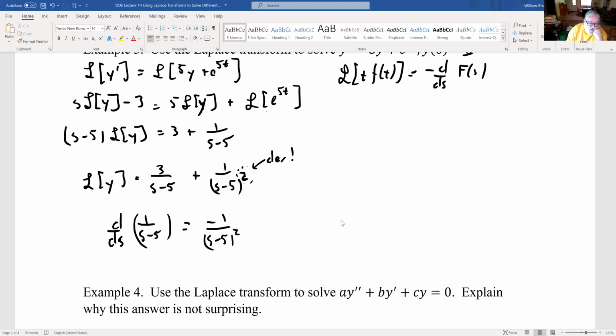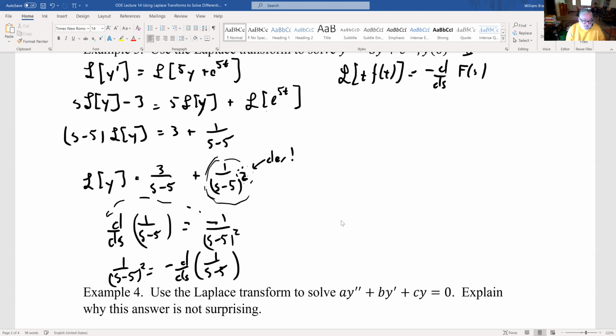So what we've got here is that 1 over s minus 5 squared equals minus the derivative of 1 over s minus 5, because we can just move this minus sign over to the other side. So this thing here is a derivative.